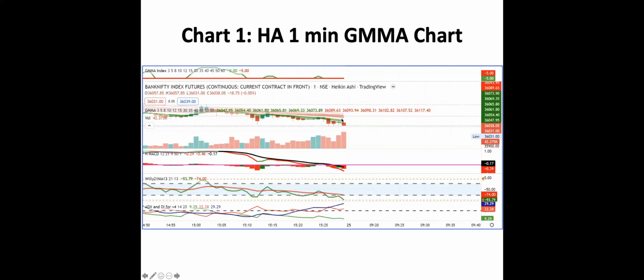Third, in the bottom panes are MACD, Willy 21MA13, and ADX DI. So these are the 3 at the bottom part. Then you have the body for GMMA, and GMMA GI is at the top. Hope this is clear to everyone.